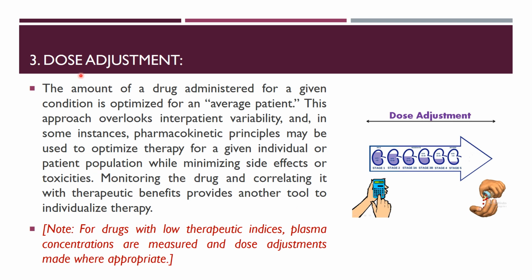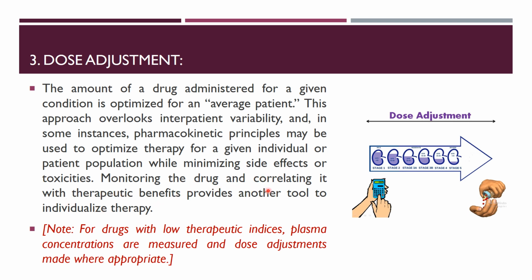Number 3, dose adjustment. The amount of a drug administered for a given condition is optimized for an average patient. This approach overlooks interpatient variability, and in some instances pharmacokinetic principles may be used to optimize therapy for a given individual or patient population while minimizing side effects or toxicities.